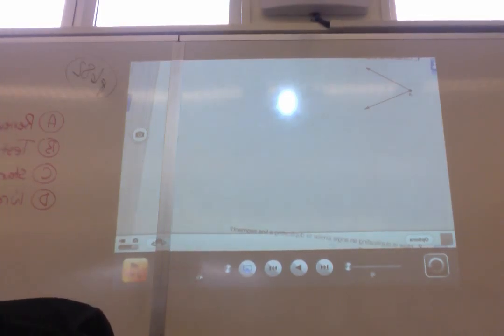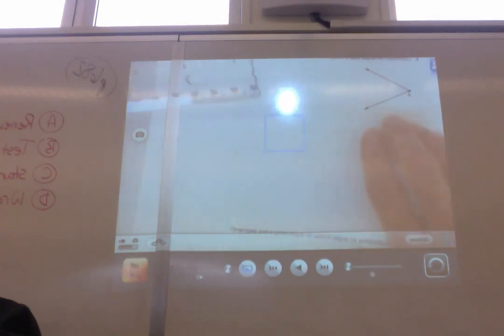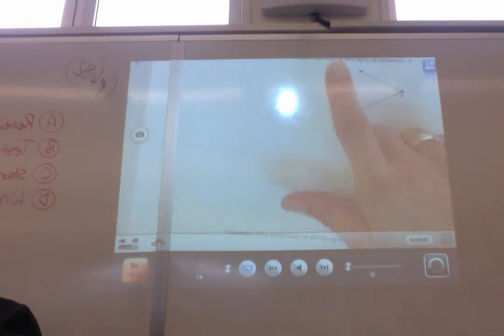Okay, first, we're going to duplicate angles today. The first thing that you're going to do is they say construct something twice as big. Let's construct one that's the same size to start with, and then we'll look at how you do twice as big.